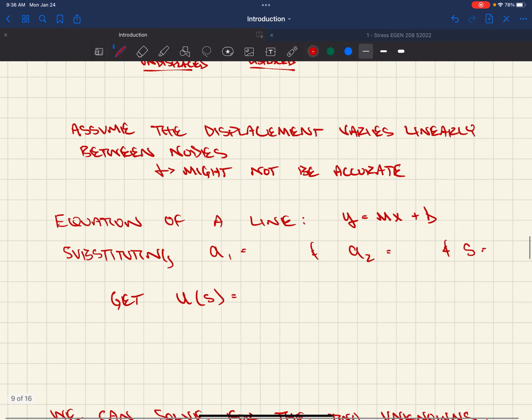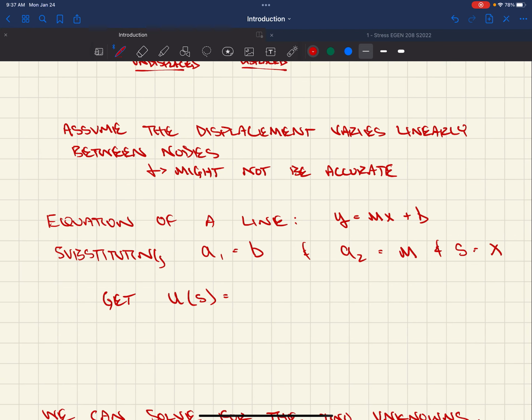So if we substitute this variable a1 as b and a2 as m, and s as our space variable, that's our distance along, or our dependent variable, as we move from one end of our element to the other. Where if s equals 0, we're at u2, and if s equals L, we're at u3.